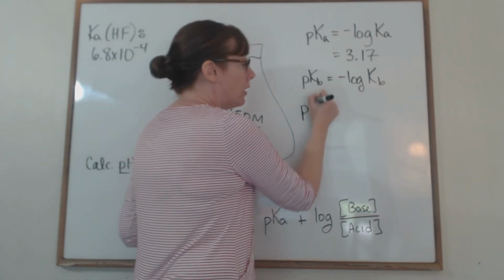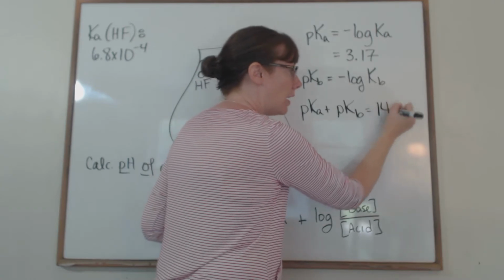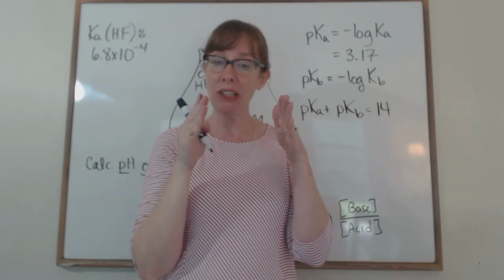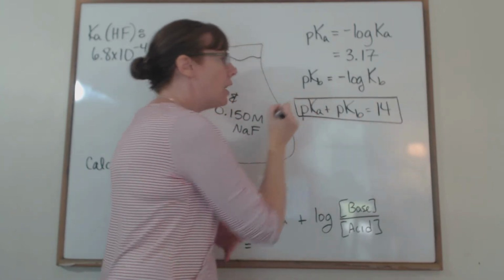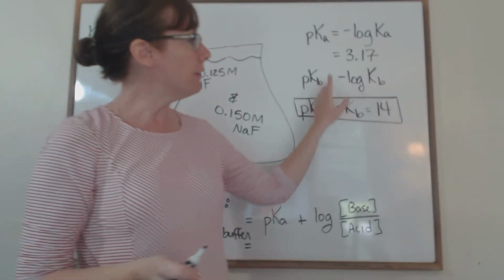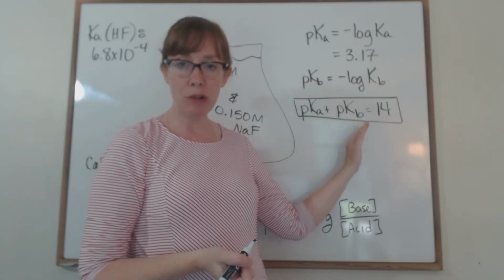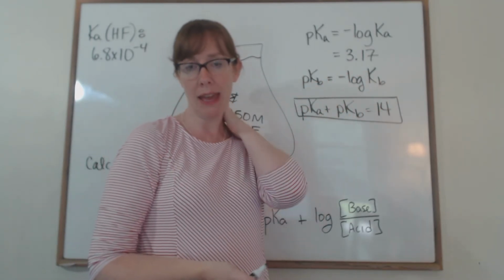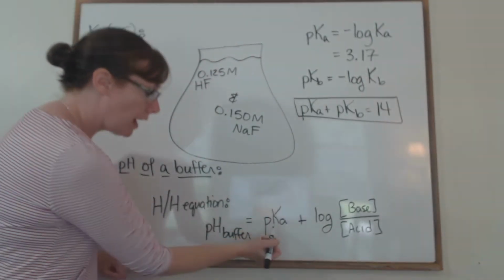And then these two have an interesting relationship. Just like pH and pOH have to add up to 14, these two always have to add up to 14. So if you are given a Kb, just get the pKb and then subtract it from 14 and that will get you the pKa. It's kind of a backhanded way of getting pKa, but you've got to get the pKa.